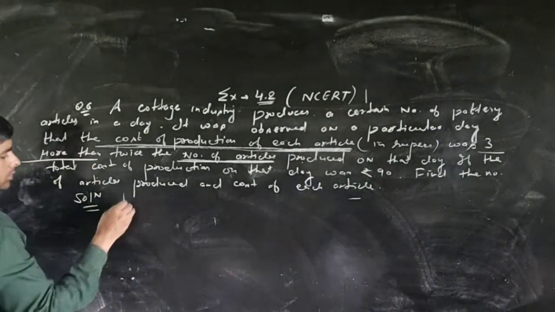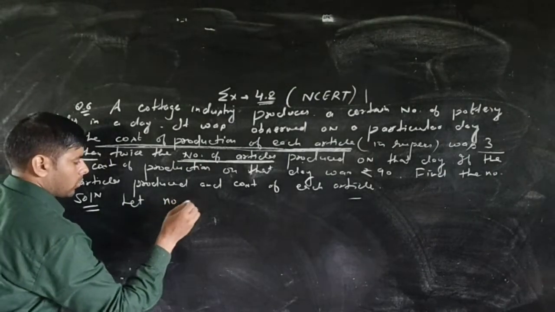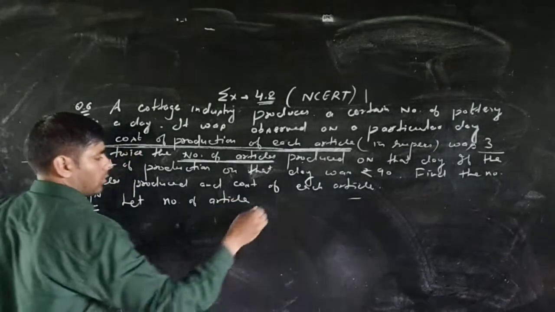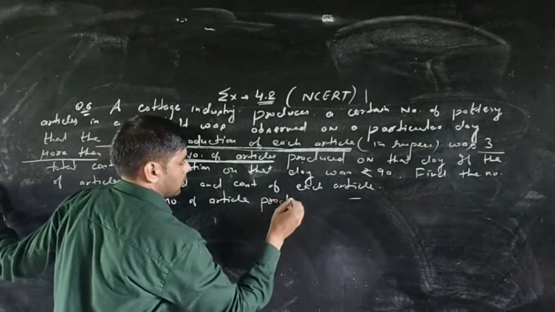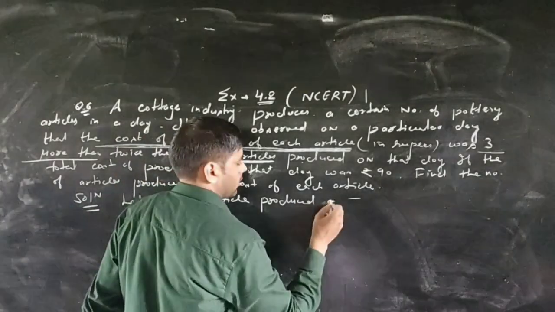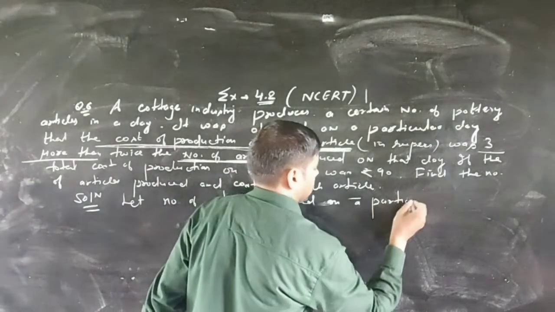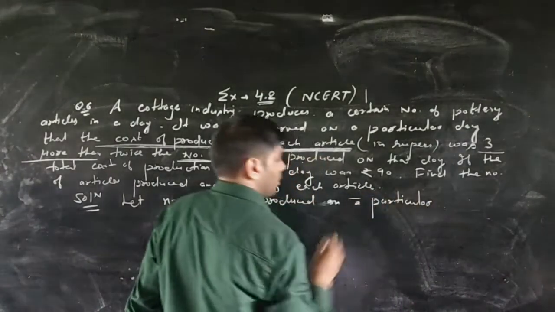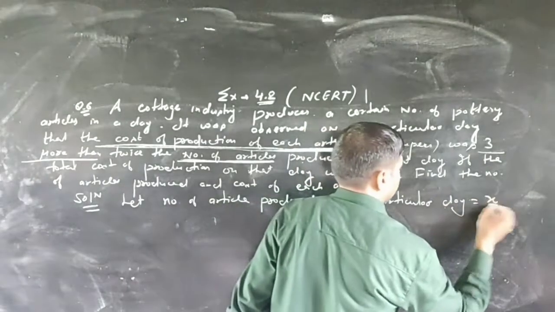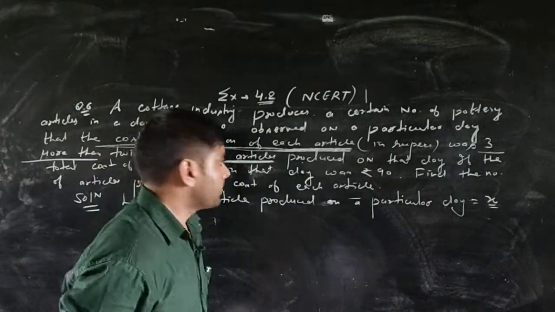Let us assume that the number of articles produced on a particular day is x.